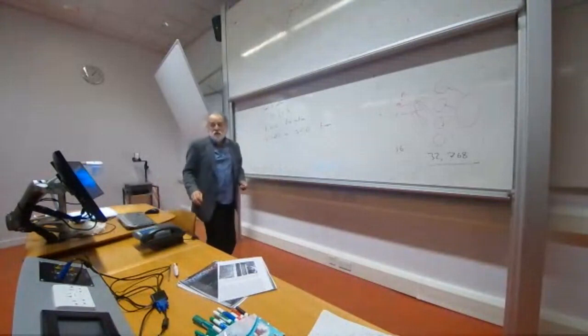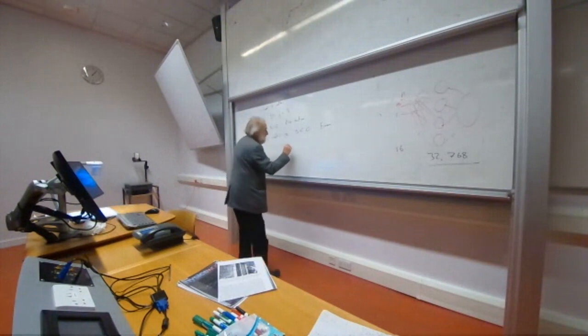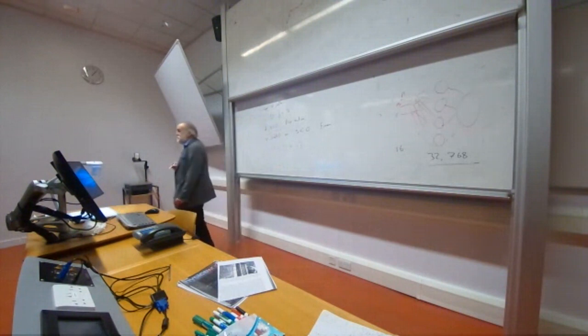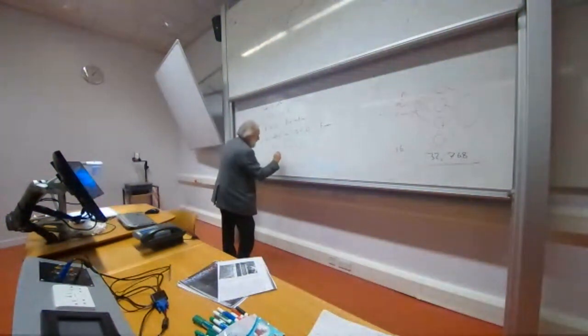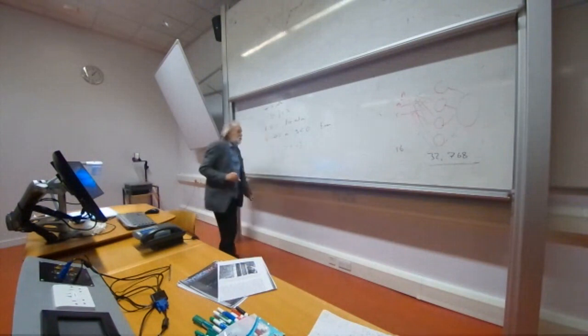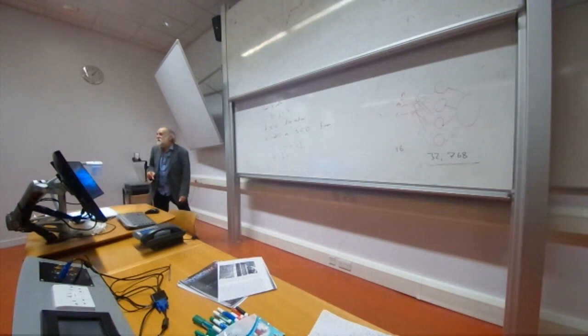We need to update the weight vector the same way as we did before: W prime equals W plus Ci, a fraction of the input pattern, such that W prime dot I, the updated weight vector with the current pattern, equals what?